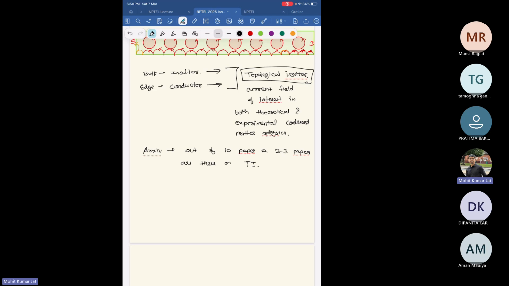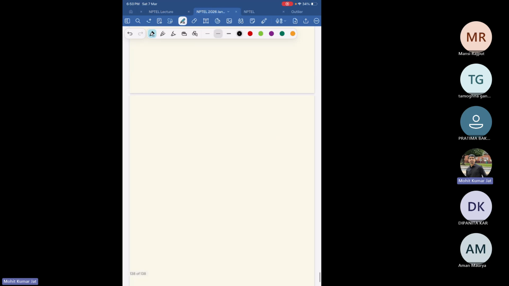Having said that, I will move on to the next question, which is from quantum mechanics. Consider the Hamiltonian H of the harmonic oscillator, p square by 2m plus half k x square.